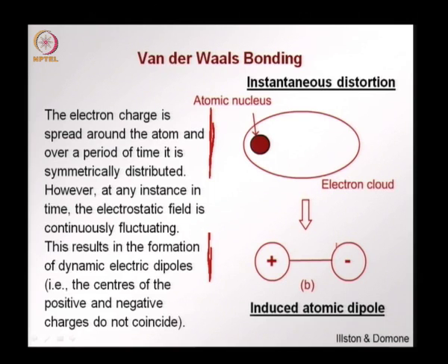So, we can see that now instead of the atom being always electrically neutral, at a particular instant of time we have a charge non-symmetry with one end being more positive and the other end being more negative.